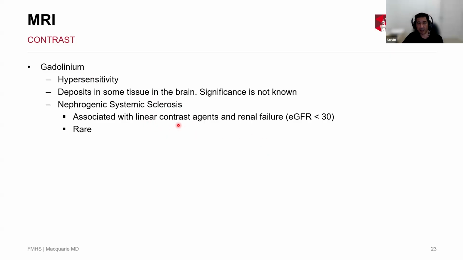Those linear agents are now banned, and they were the ones that caused the problem. So although many sites, including MMI, will not give gadolinium with a renal impairment of an eGFR of less than 30, it's not an absolute contraindication, and it really has to be weighed against the benefit of doing the scan.